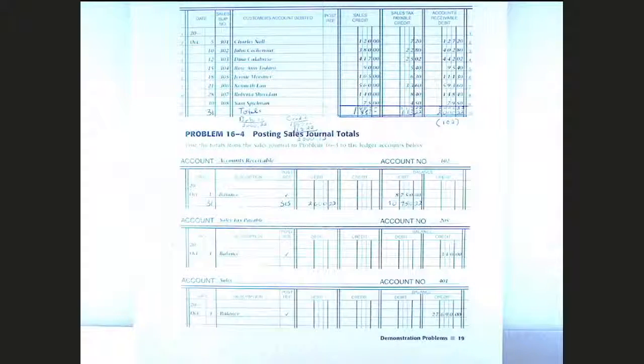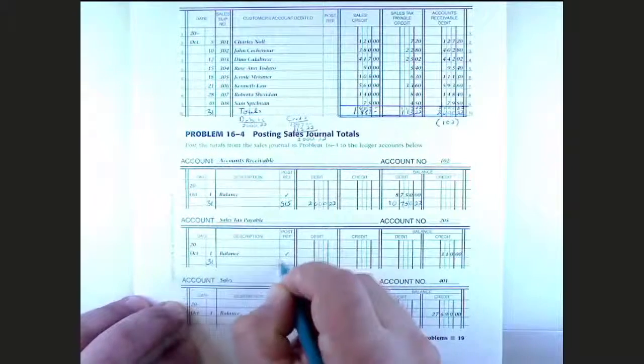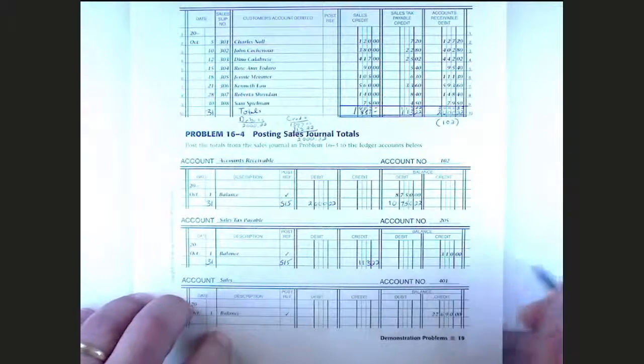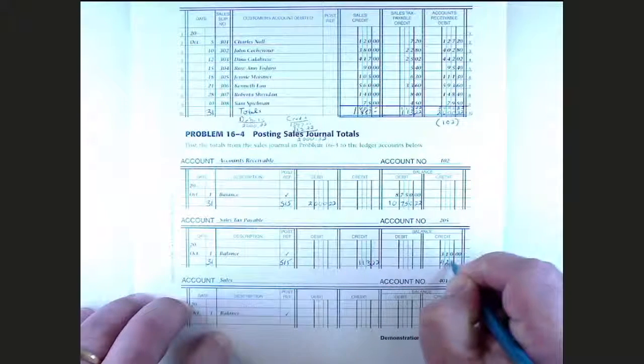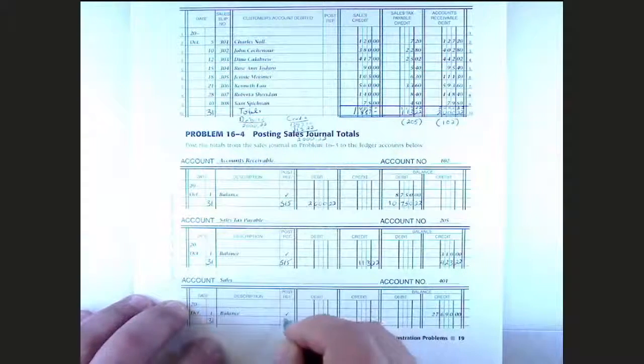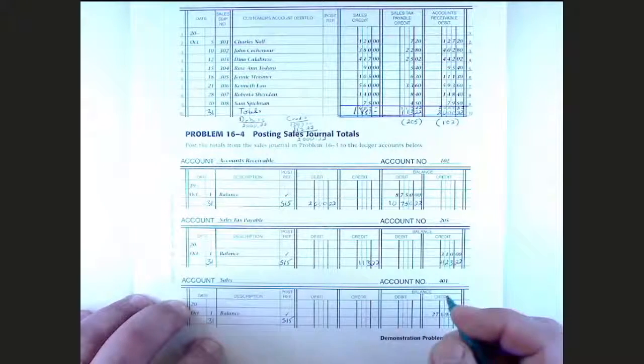And post it. Just like in the general journal, we put the account number in the post reference column. Same thing for sales tax payable, and for the sales account.